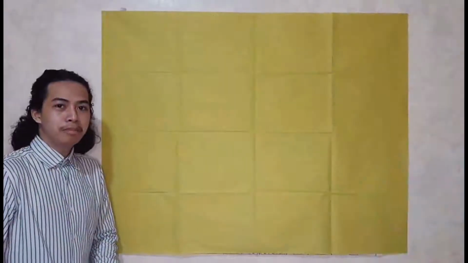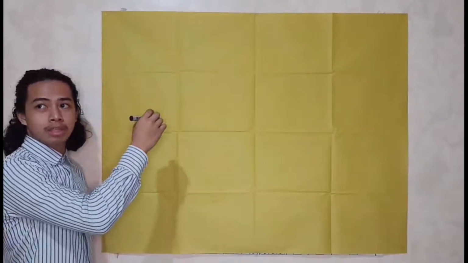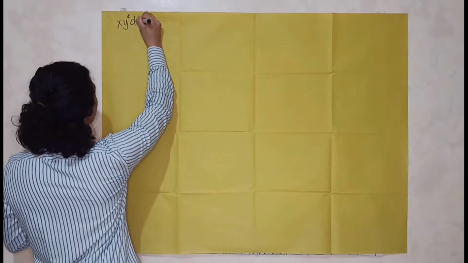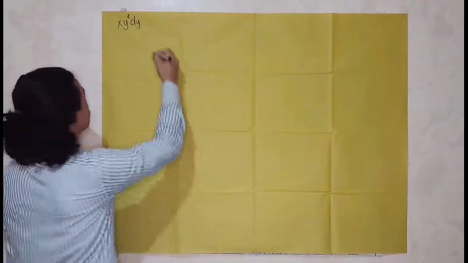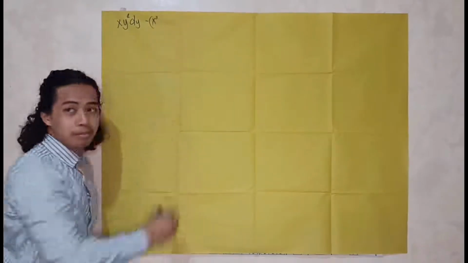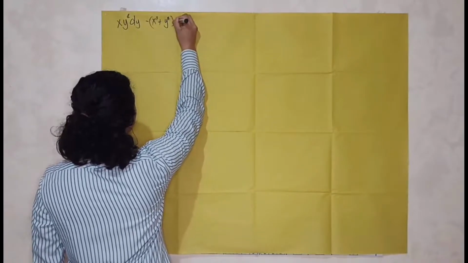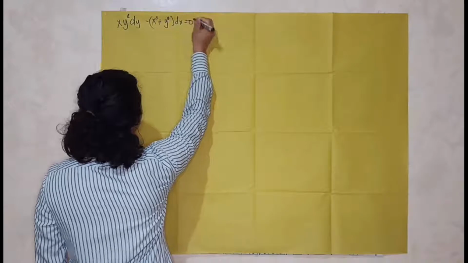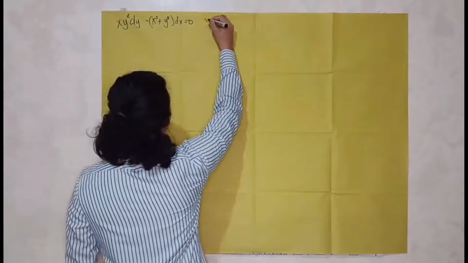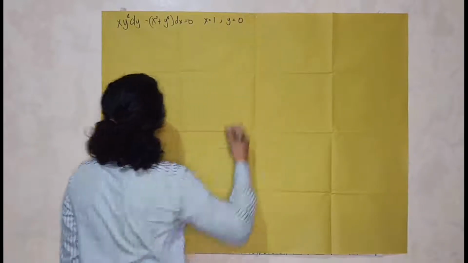Salamat po. Example number 2 is: find the general solution of xy squared dy minus quantity x cubed plus y cubed dx is equals to 0, and obtain its particular solution when x is equals to 1 and y is equals to 0.